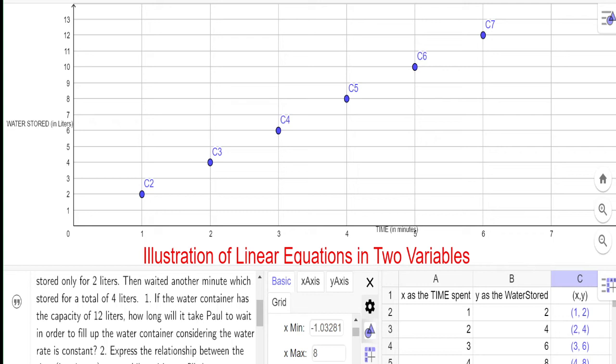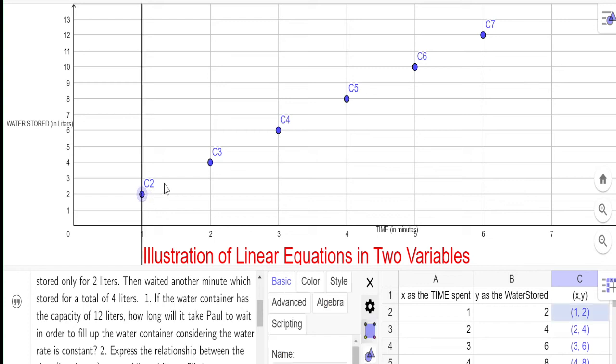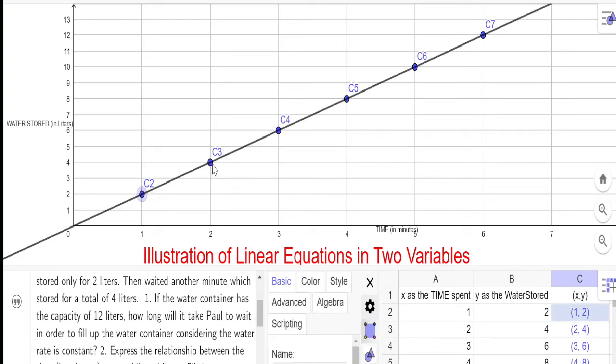So, notice, once we connect this one, the second question is, express the relationship between the time in minutes while waiting to fill the water in liters. Now, if we are going to connect the dots, let us try to connect.